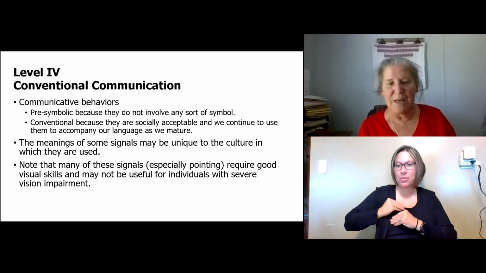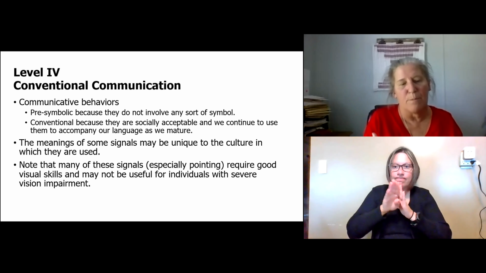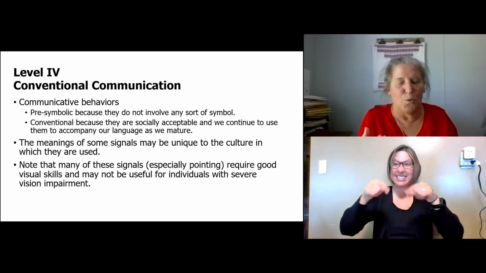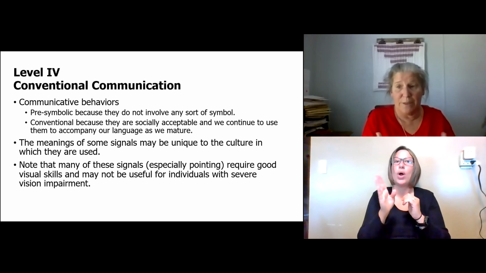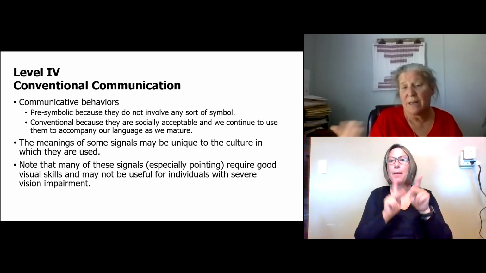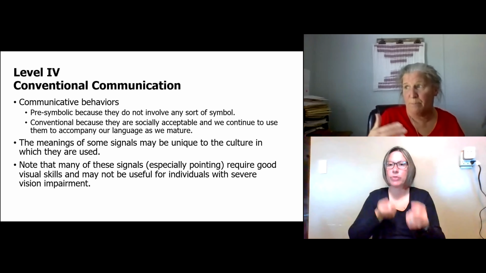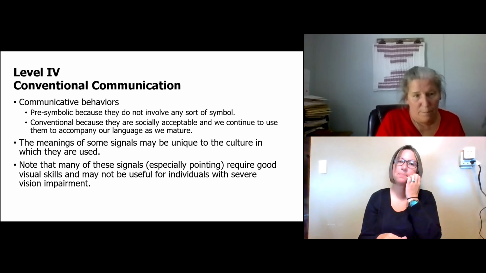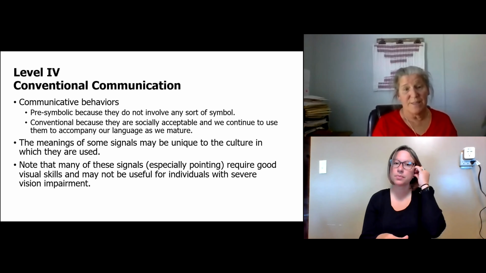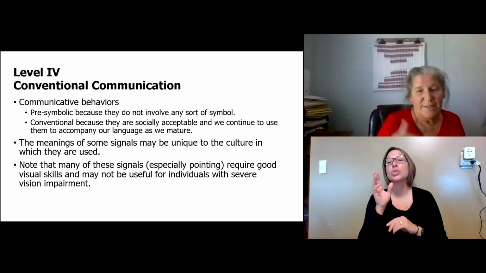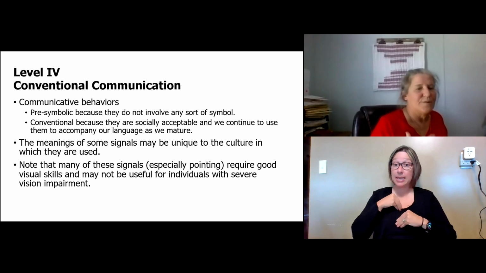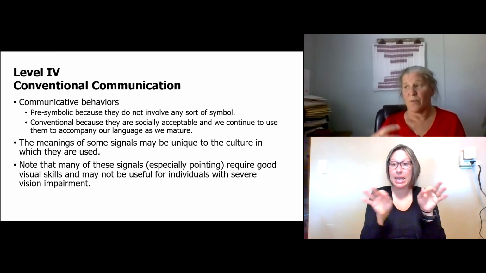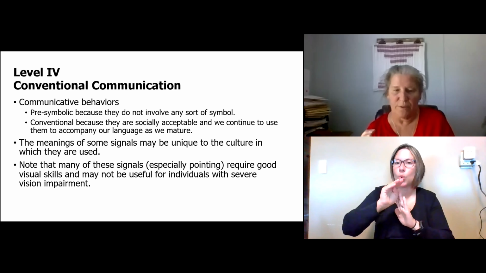So you're shaping that behavior. You're helping them understand that this is the way it's going to get you much more action. If you do it this way, people are going to understand and be more receptive to you. Because conventional gestures are socially acceptable, we'll continue to use them and accompany them with our language as we mature. So that's what we're really aiming for with kids.